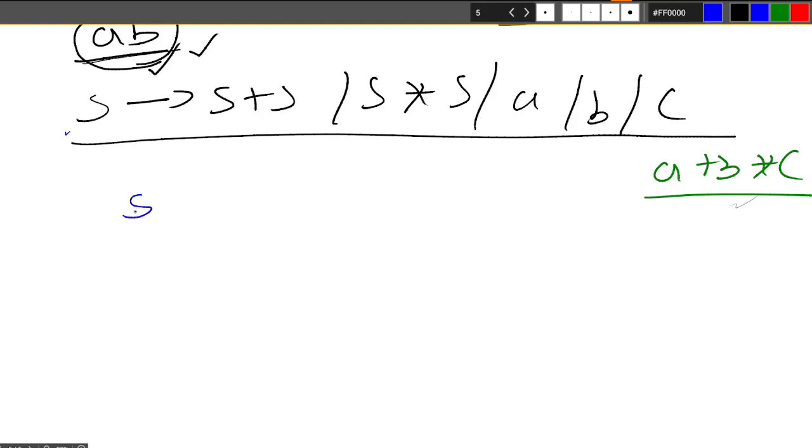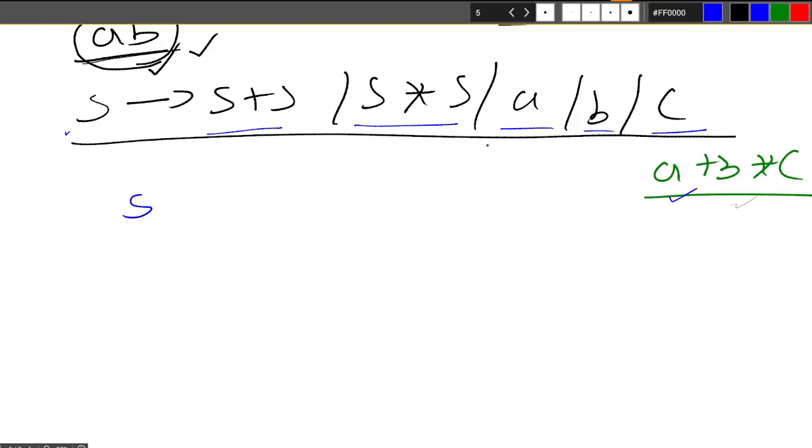Now for this S, you can use any of these productions to replace this S. Okay. So here you can see you have all the choices, but you want to derive this string.